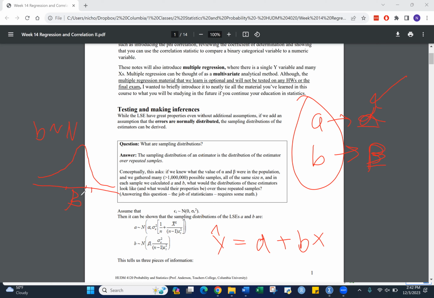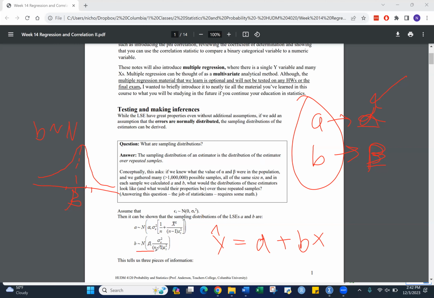But on average, the little b's in that distribution, the sampling distribution of little b, will actually be the true population parameter beta. And so again, that's what a sampling distribution is. And you can see here, we've given you the sampling distribution for both the slope statistic and the intercept statistic.